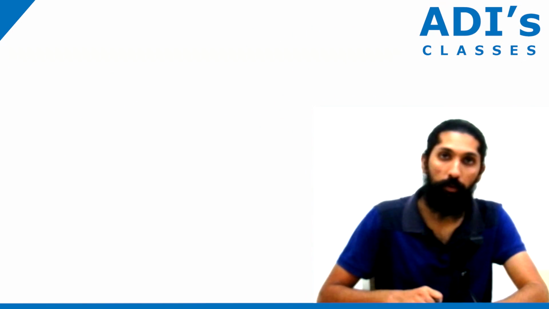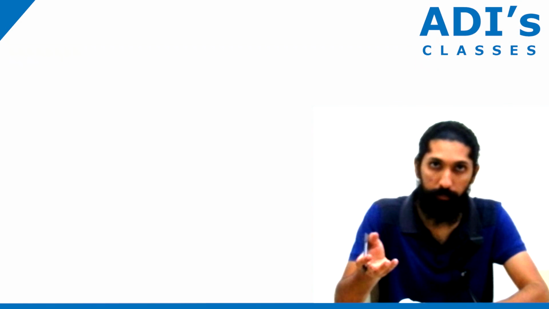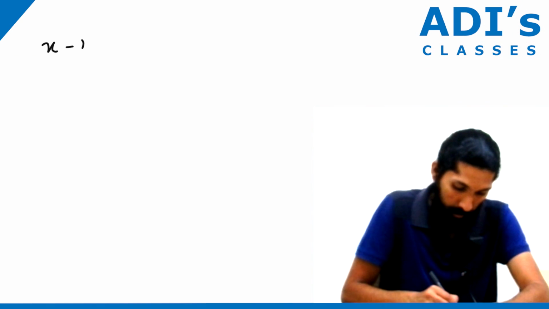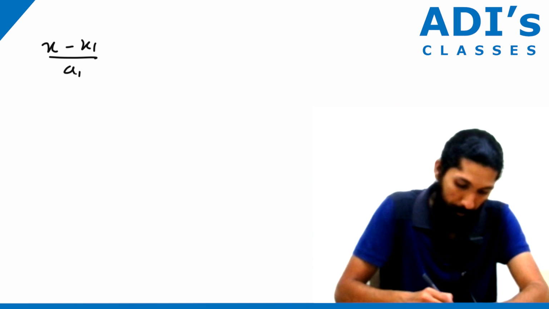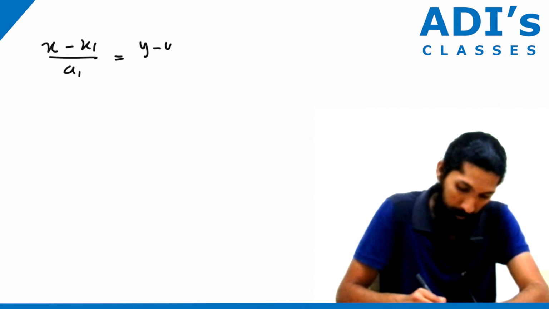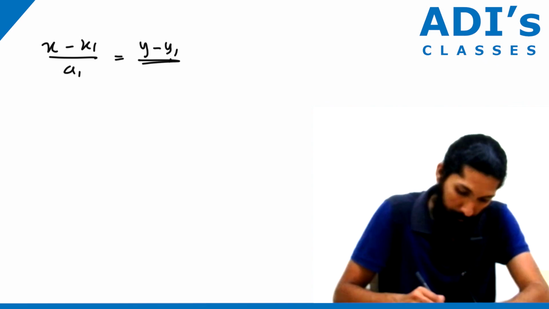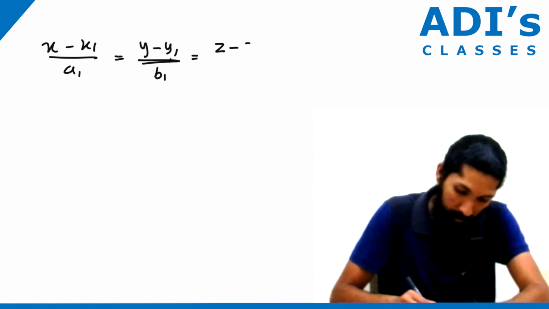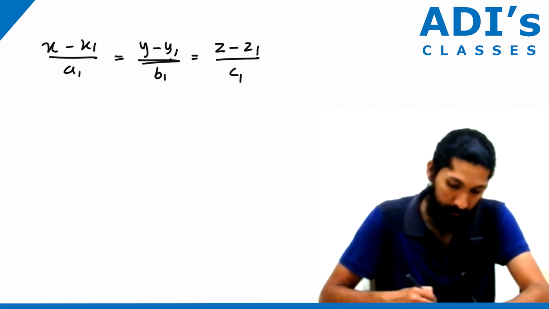For the Cartesian form, guys, we have already discussed this actually speaking. It's just that, trying to get to know what exactly it is. The Cartesian form is what? x minus x1 by a1 is equal to y minus y1 by b1 is equal to z minus z1 divided by c1.